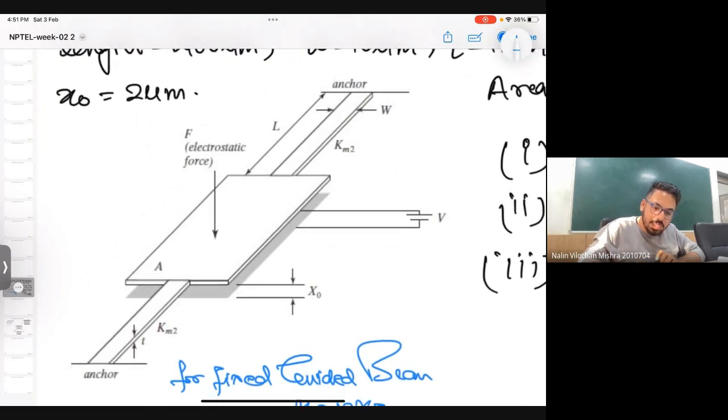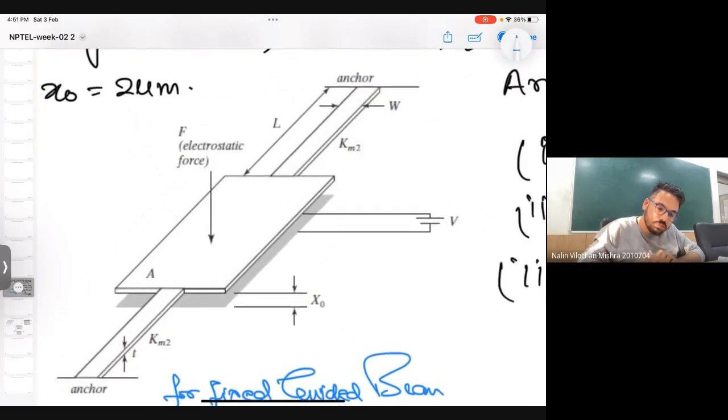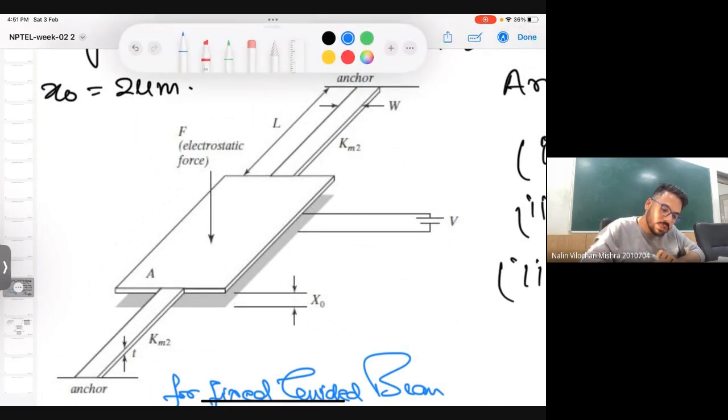Okay, so let me explain the diagram. So there are these two beams, and the coefficients are given as Km1 and Km2.